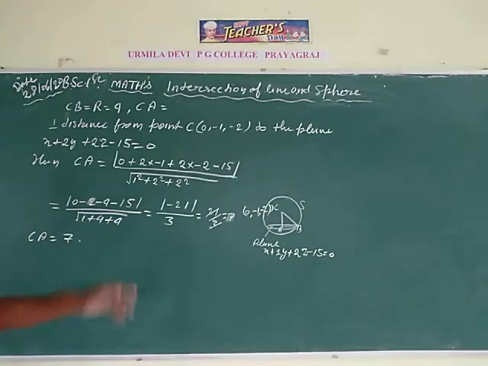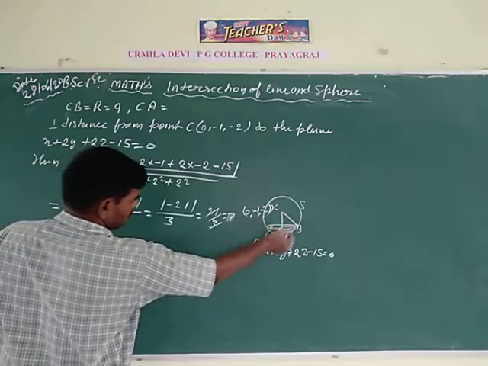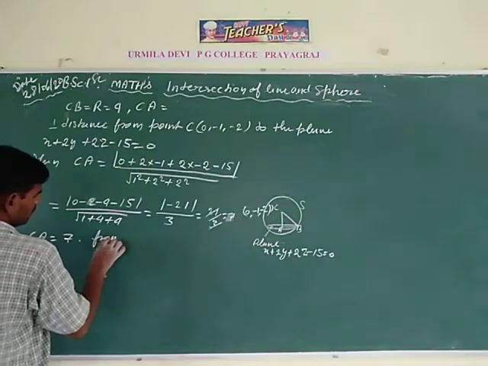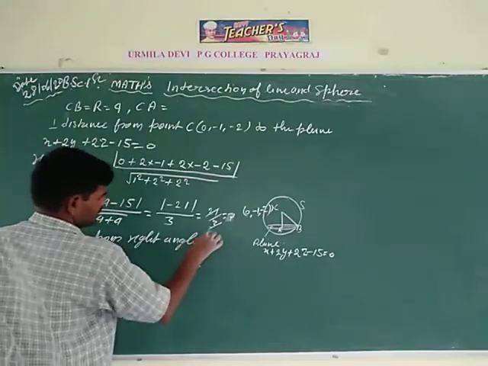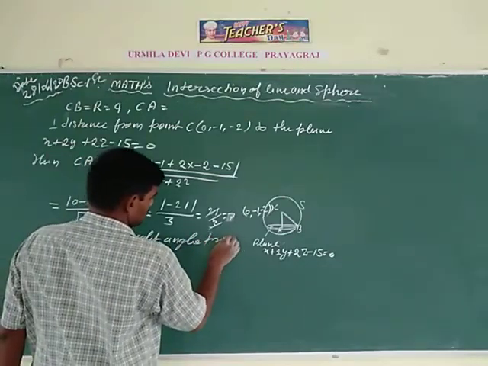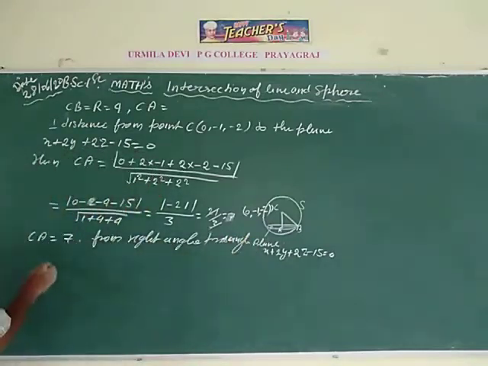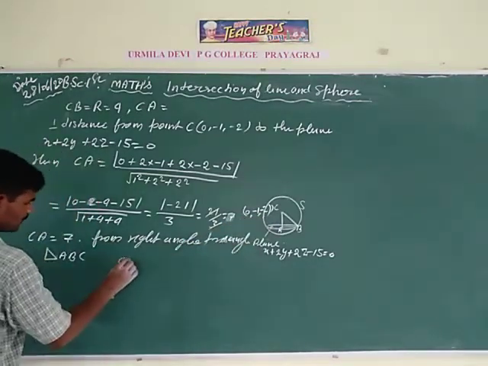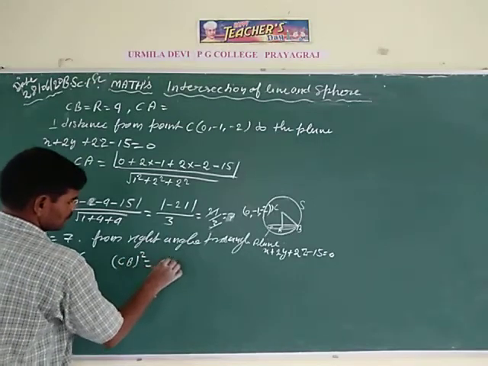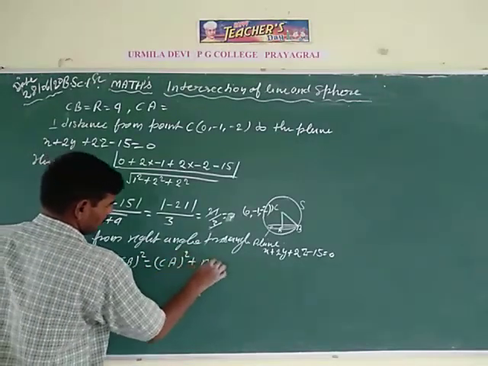After this, take the right angle triangle ABC. From the right angle triangle ABC, CB whole square is equal to CA whole square plus AB whole square.